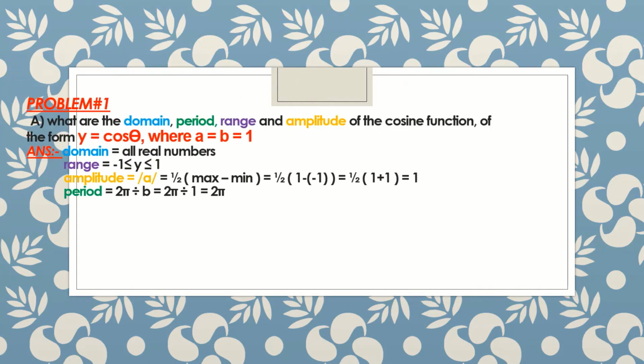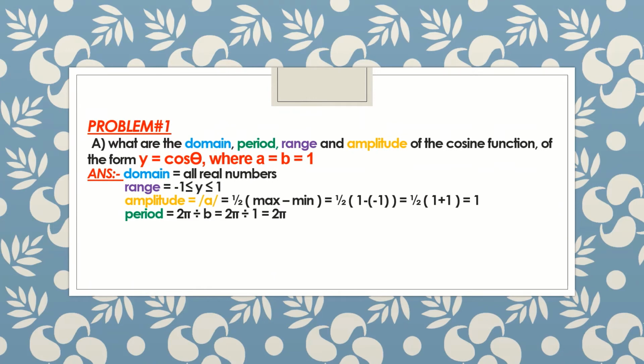Now let us see some examples. Problem number 1. A. What are the domain, period, range, and amplitude of the cosine function of the form y equals cos theta, where a and b are equal to 1, which means a is 1 and b is also 1?